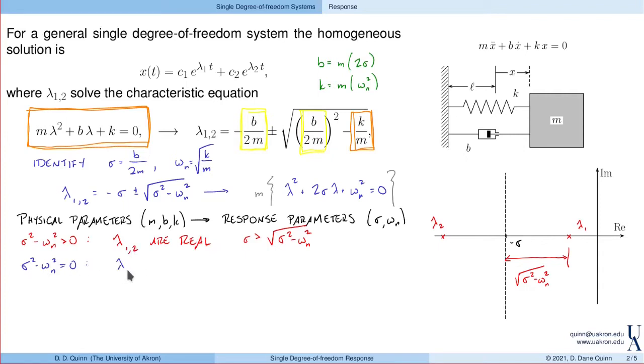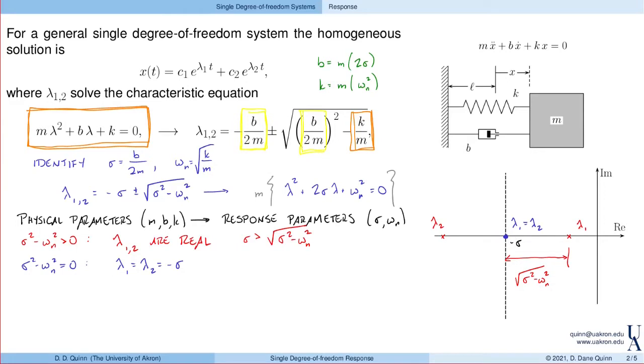The next case that we'll think about is when sigma squared minus omega n squared actually vanishes. So in this case, lambda 1 equals lambda 2, and that's equal to minus sigma. Right? So I go up here. If this quantity vanishes, then I have two roots. So I have a root of multiplicity 2 at minus sigma. Right? So in this blue case, lambda 1 equals lambda 2, and it's located right there at minus sigma.